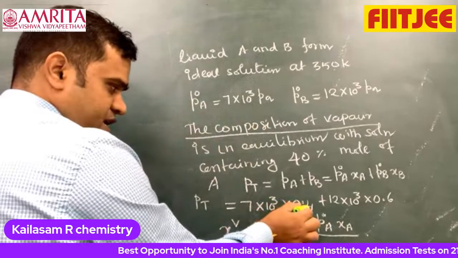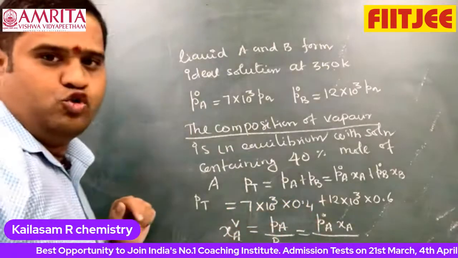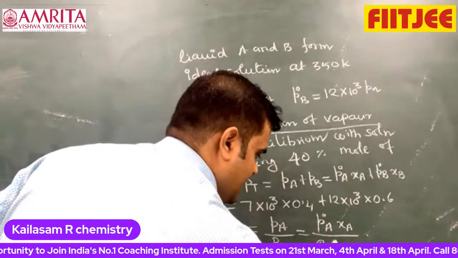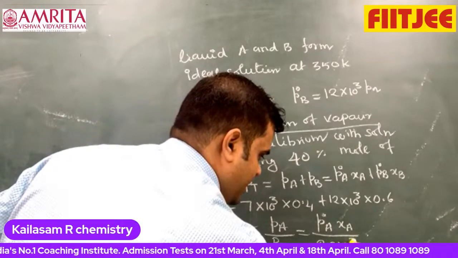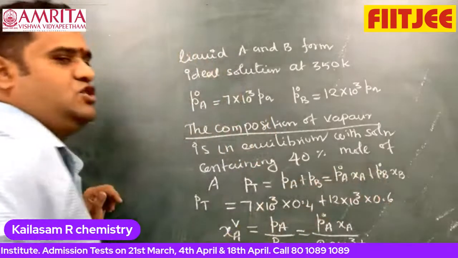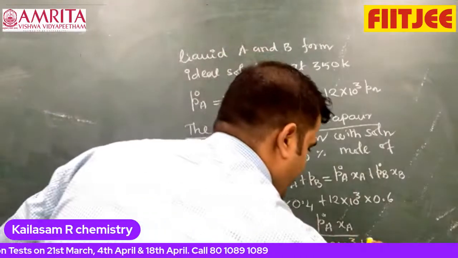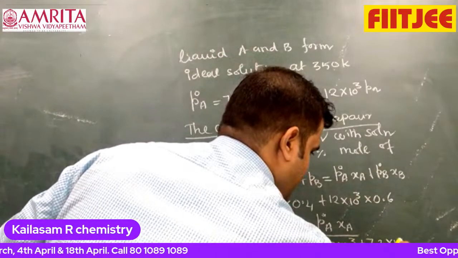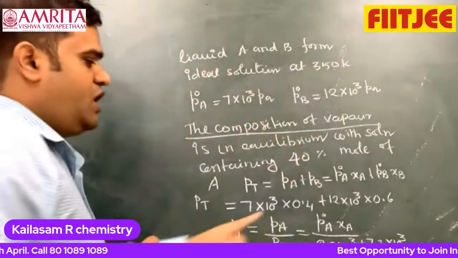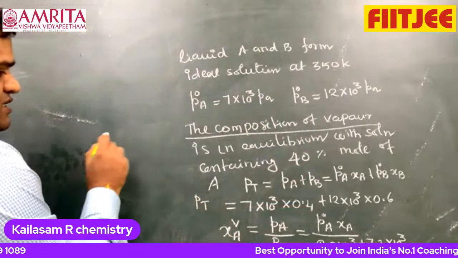That means 7 into 0.4, which is 2.8 into 10 power 3, plus 12 into 0.6, which is 7.2, 7.2 into 10 power 3.